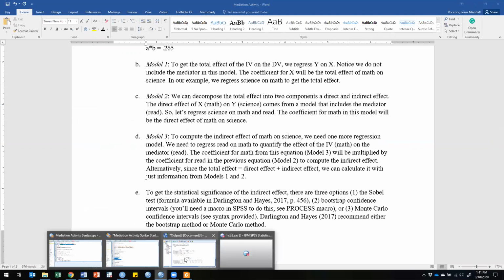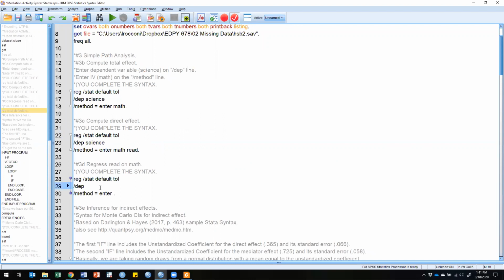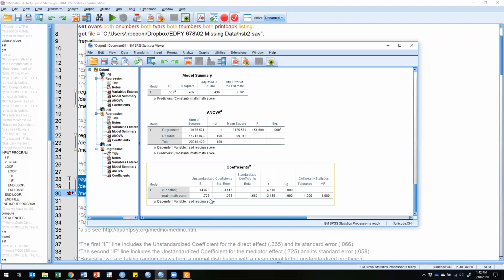So let's run this model. This time our dependent variable is reading, and our independent variable is again our math scores. And now we have A in our diagram here. This coefficient estimate is A from our diagram, 0.725.